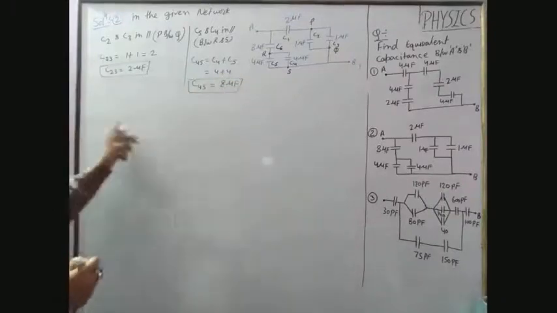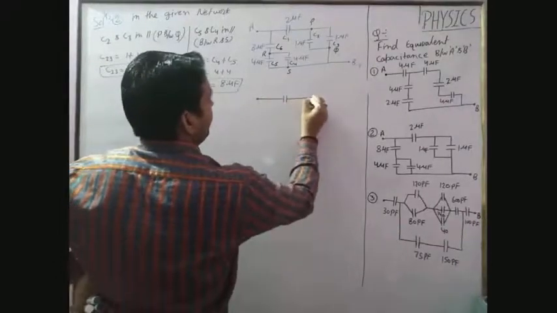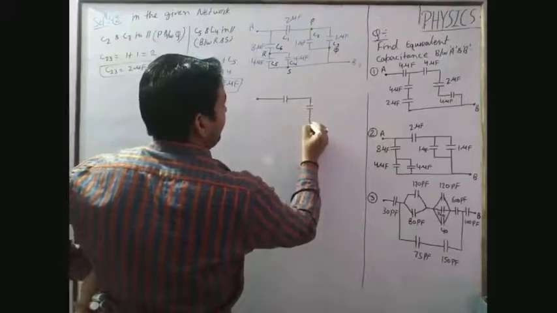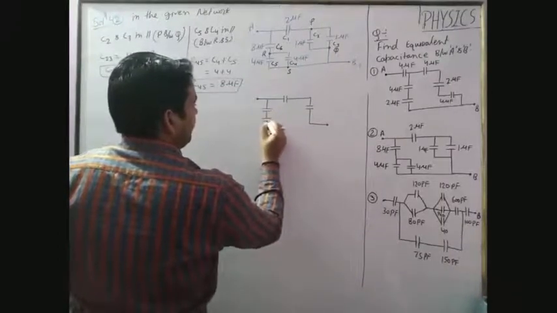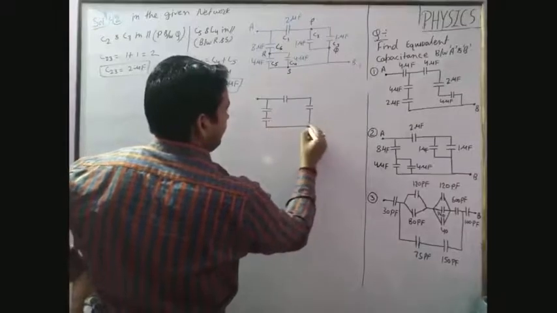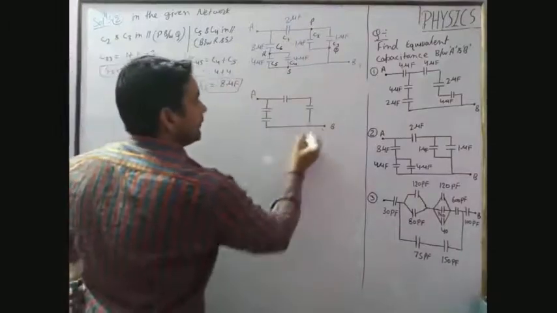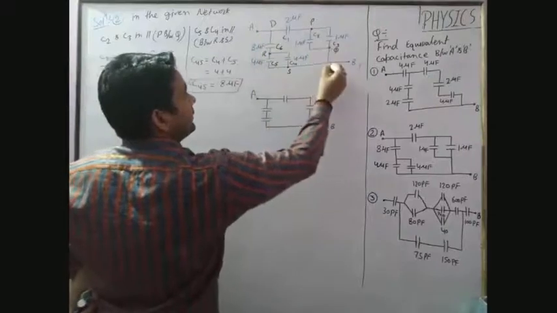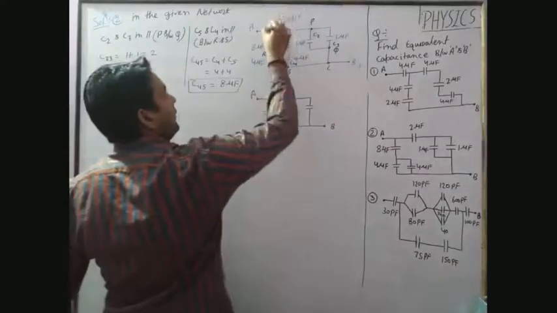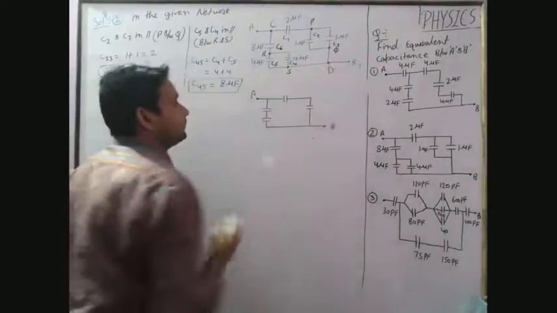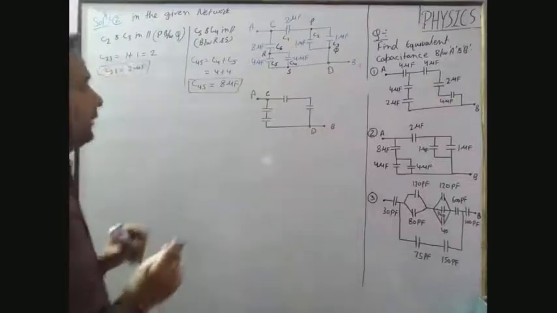After doing so, just reduce the circuit. Now let this point be C and this point be D. Between point C and point D, here we resolved it.